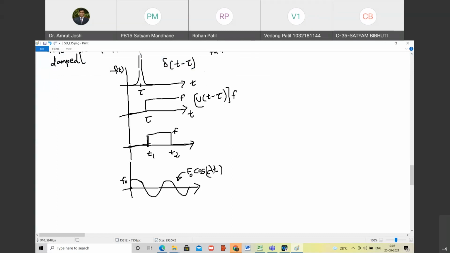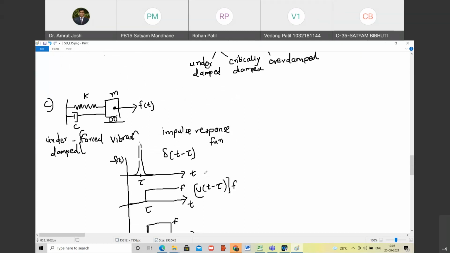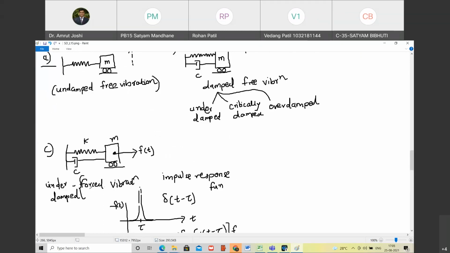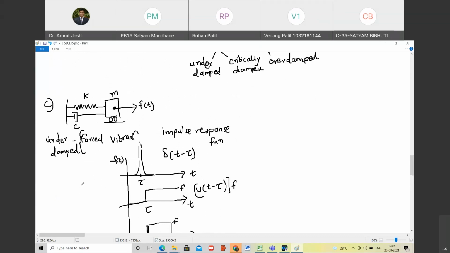At 0, cos lambda t is 1, so it should have value f0. A similar exercise you can do for f0 sin lambda t. All these steps remain same. Nothing is going to change except the choice of particular integral. That's very easy, you can do it on your own. So these are the four things for which we have done the forced vibration analysis of underdamped system.